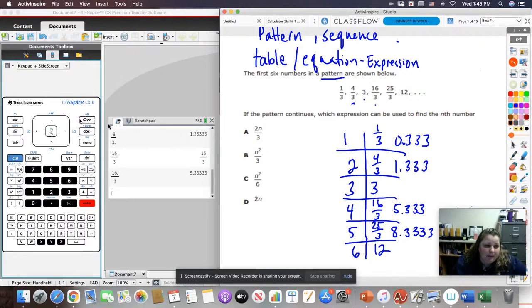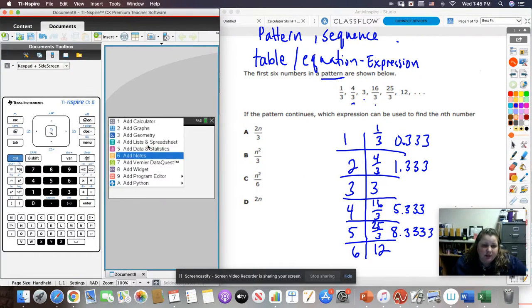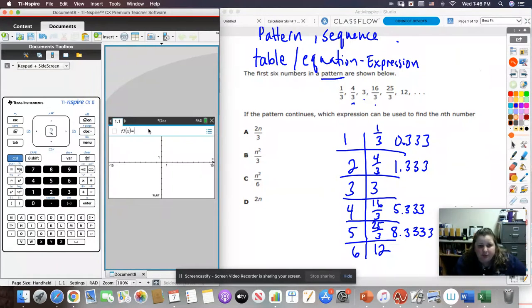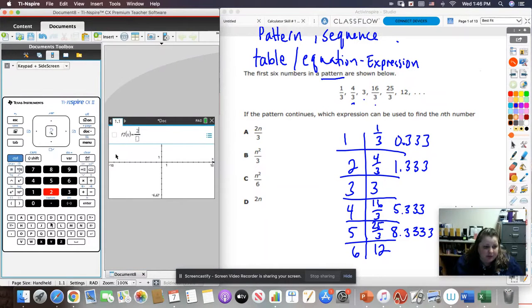Now, we're going to go to Home, New Document, Save Changes if it says, and then we're going to add a graph. In the answer choices, we have the equations. This time it says n, but we're just going to change that to x. Remember, when we type in here, we have to type x and not n or another variable. So we're going to hit enter. Now, we need to know if these points are on this line.